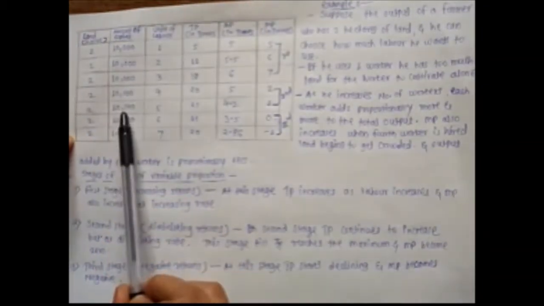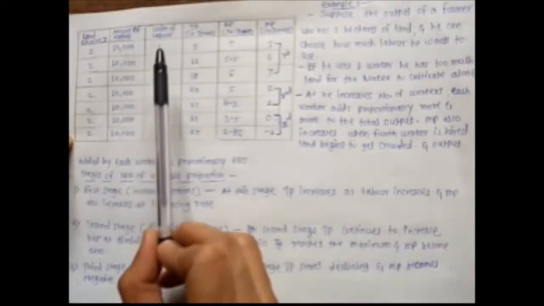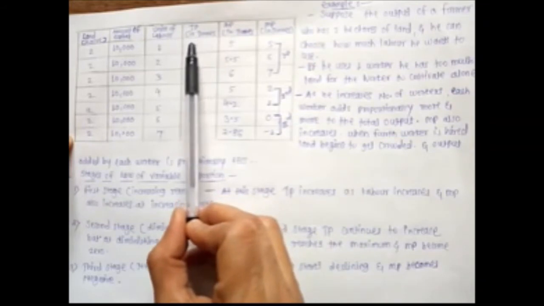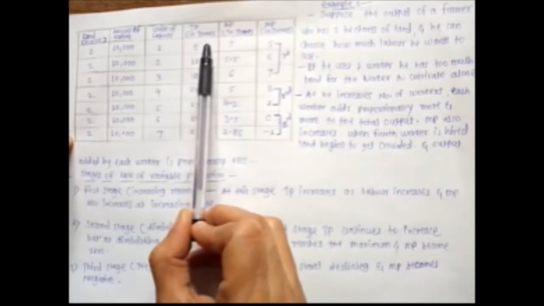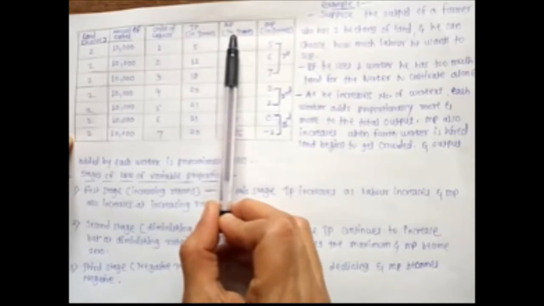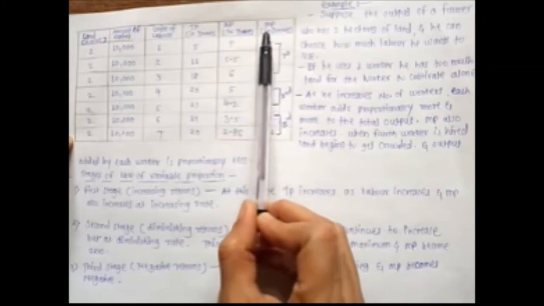It is also a fixed factor of production. The next column shows the units of labor. The next column shows the total production in tons. The next column shows the average product in tons, and the last column shows the marginal product in tons.